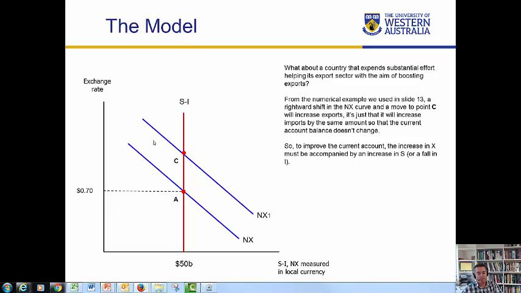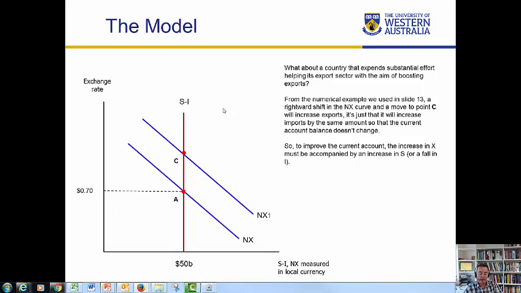That's just the same thing as saying a rightward shift in the S minus I line. Now, if that change was massive and happened in 1 year, it would lead to recession, because the increase in savings would cause consumption spending to plummet, and the economy would probably go into recession.